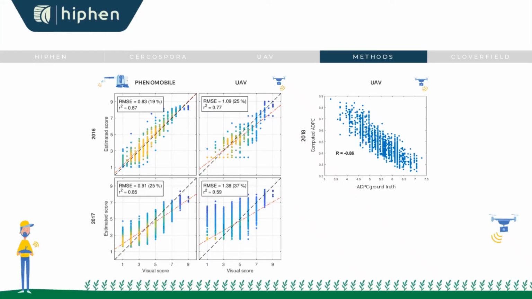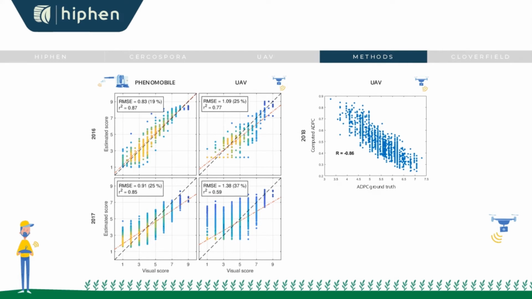And when it comes to validation, in the paper, again, we list all of the validation that we could do since 2015. Here we have 2016, 17, and 18 represented. That shows that on phenomobile, you get very good results.